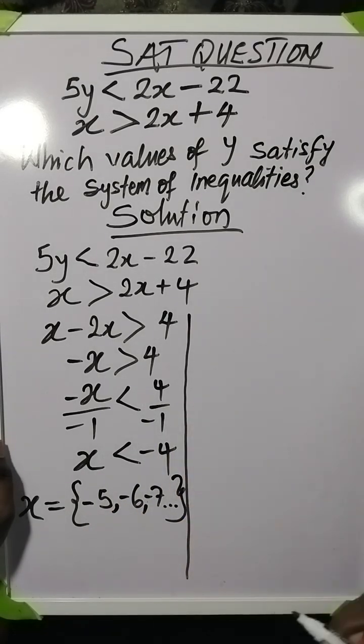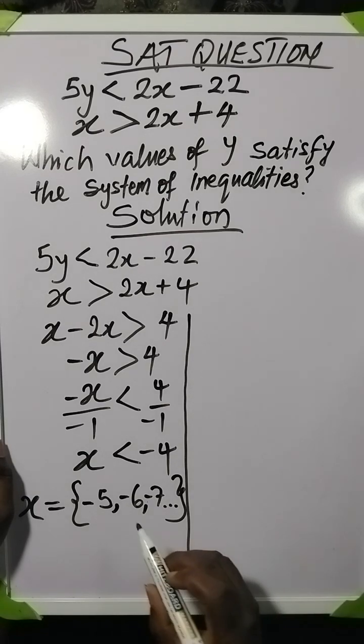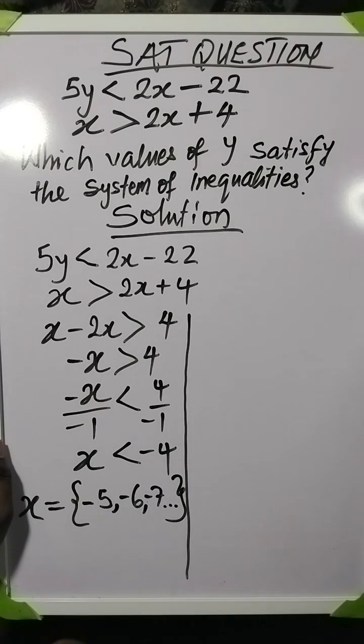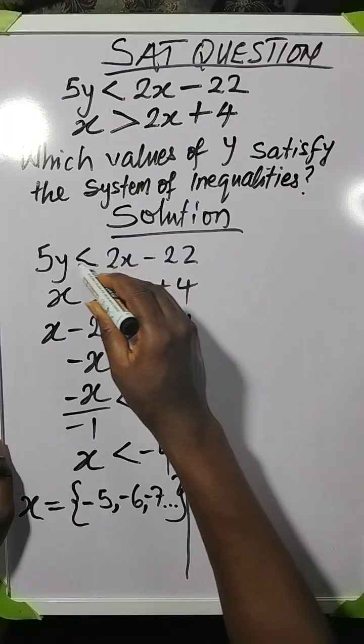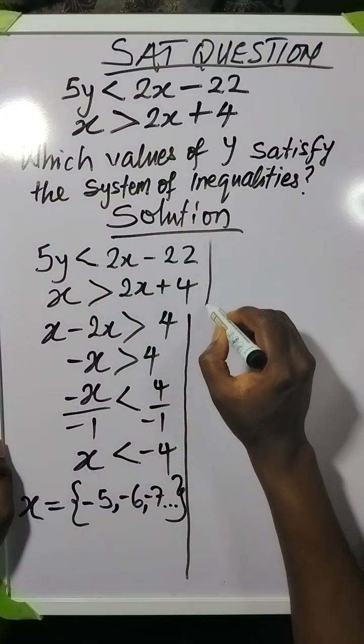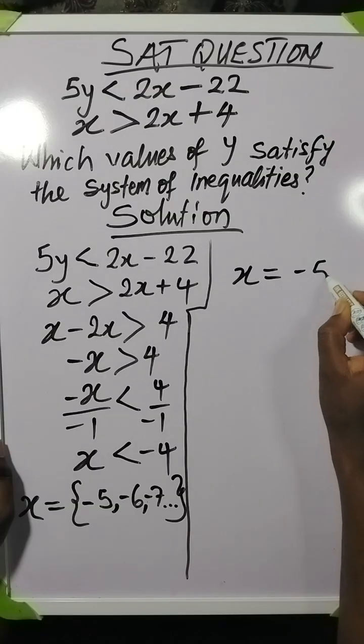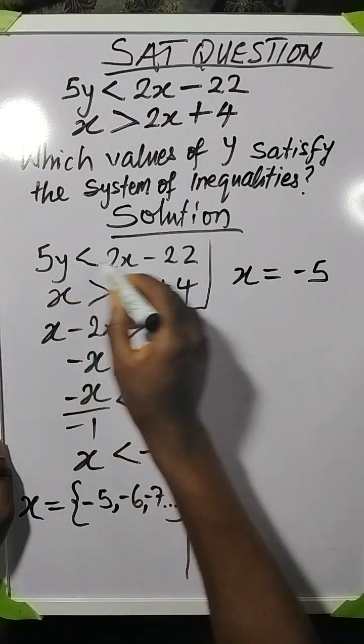I can substitute this and I will get a value, but the actual thing to do is to just pick a value which is less than -4, because x is a range of values. So let's say one of the values of x is -5, since it is less than -4, and I'm going to substitute it here.